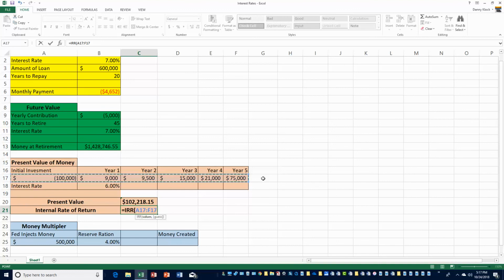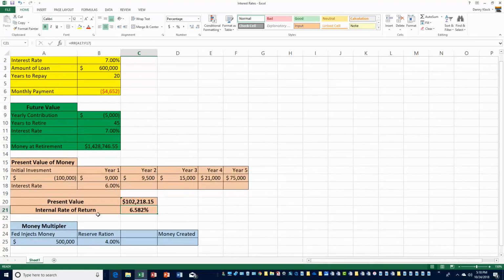Close the paren and enter. So it makes 7%, but of course, with interest rates, you always have to increase the decimal place, 6.582. That's what it's making. So its original investment is making 6.5% interest. Not the best for large companies. So again, it all depends on the interest rate.